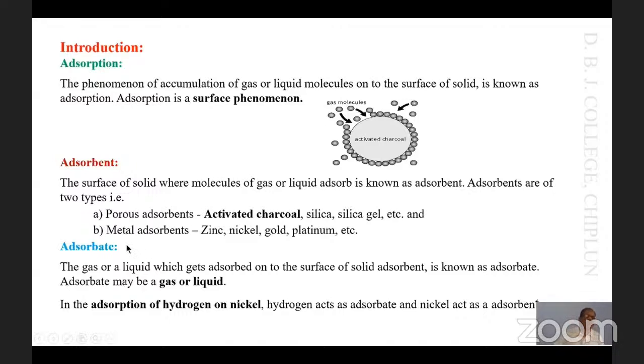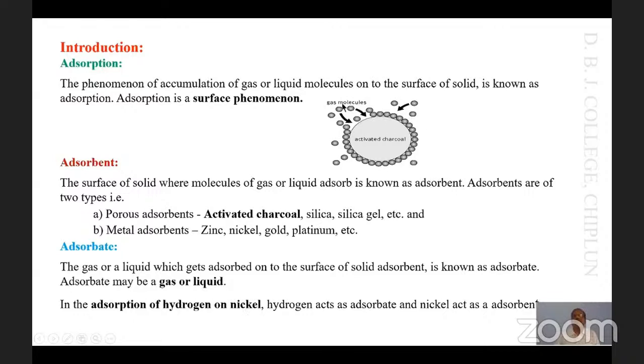One more term which is quite important is adsorbate. The gas or liquid which gets adsorbed onto the surface of a solid adsorbent is known as an adsorbate. Adsorbate may be a gas or liquid.